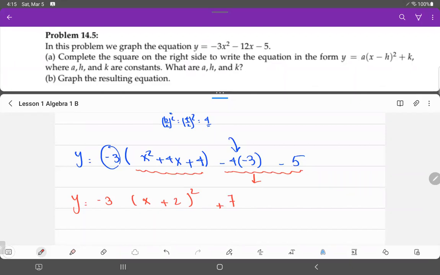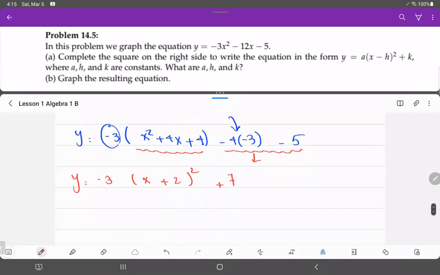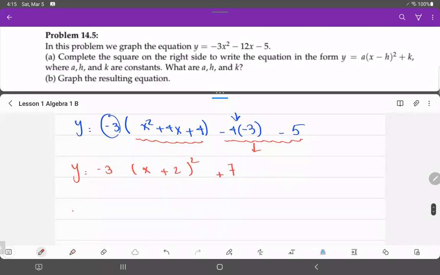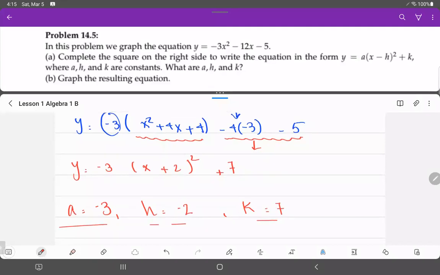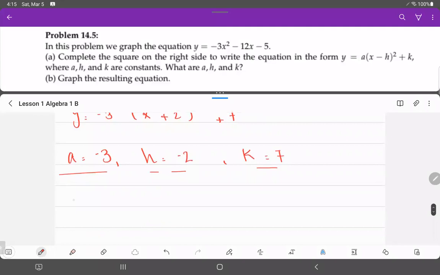So what is AB? What is AHK? AHK. What is the vertex?